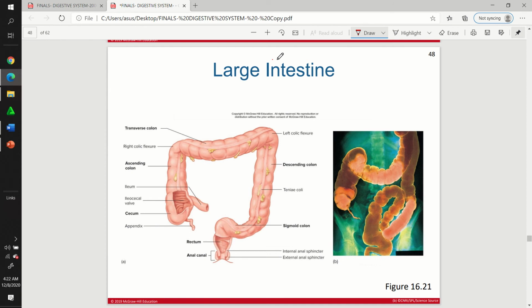What is the function of your large intestine?